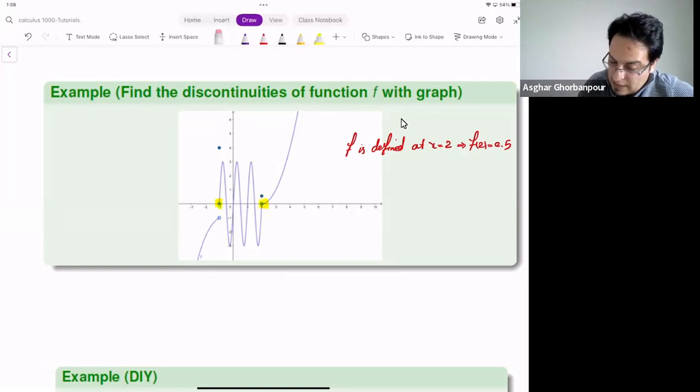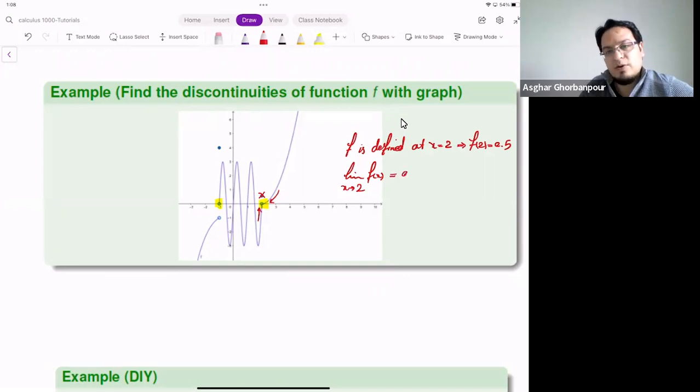The second thing is the limit of this function as x approaches 2. When I'm considering the limit, I ignore completely the value of the function, and I see what happens to the values of the function as we get closer and closer to that point. In this case, this is equal to 0.